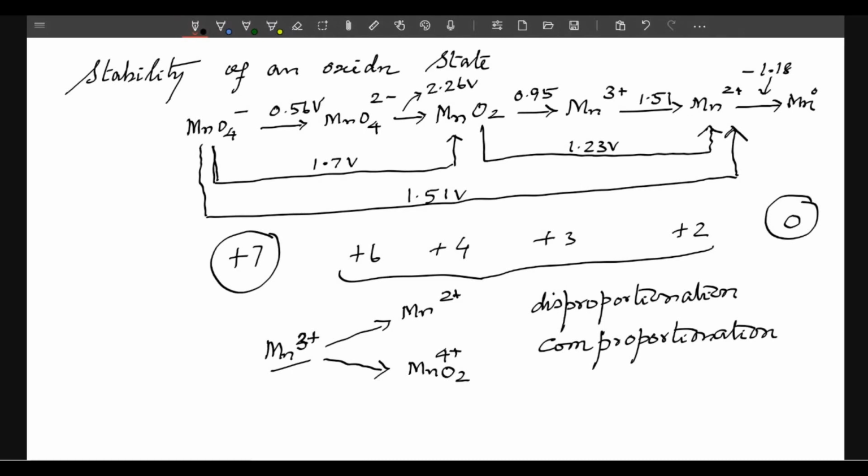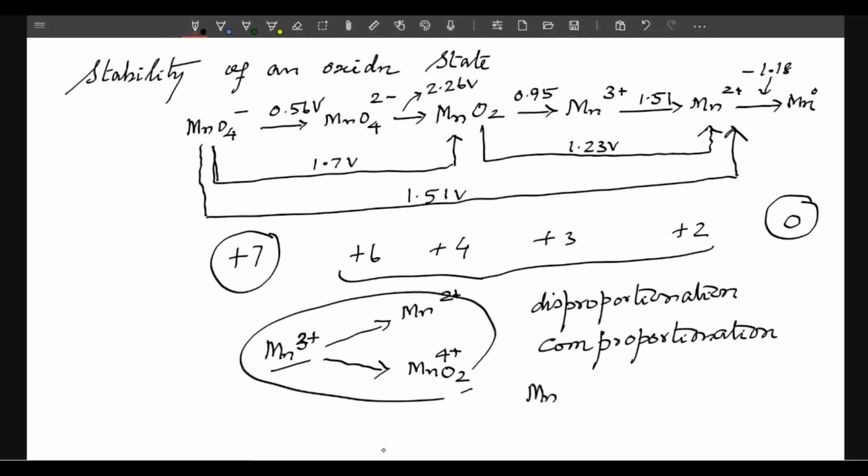In comproportionation, two different oxidation states of a species combine to give rise to a species of intermediate oxidation state.